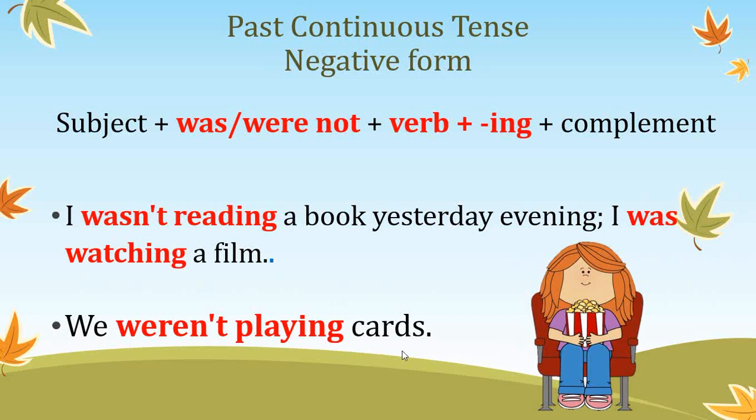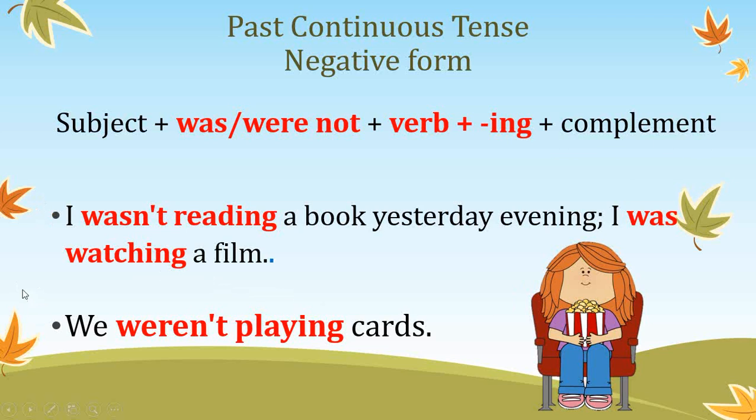For the negative form, we have subject, the verb to be in past, was or were, and the negative particle not. Always we have to write the negative particle not, plus the verb with ending ing and the complement.